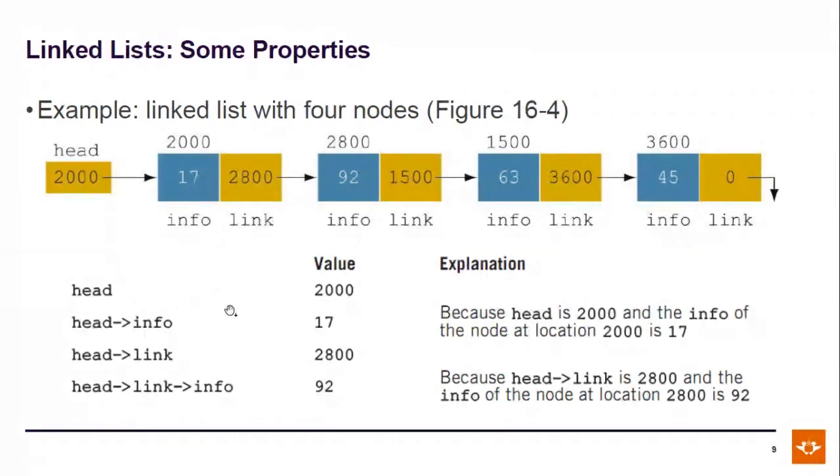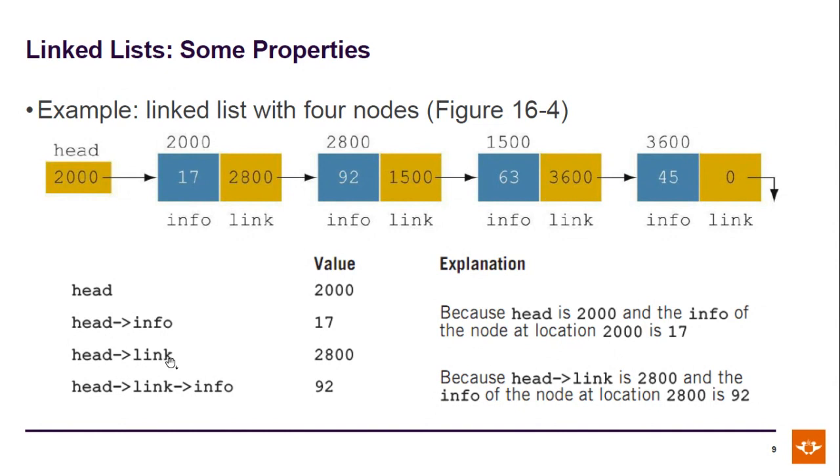Okay, so now what we have here is head, and you can see that the value stored in the pointer is the memory address 2000. And then if we dereference the pointer, obviously we get what's at memory address 2000, and then we can get the member of the struct, which is info, and the value of info is 17, right? Because head is 2000, and the info of the node at location 2000 is 17.